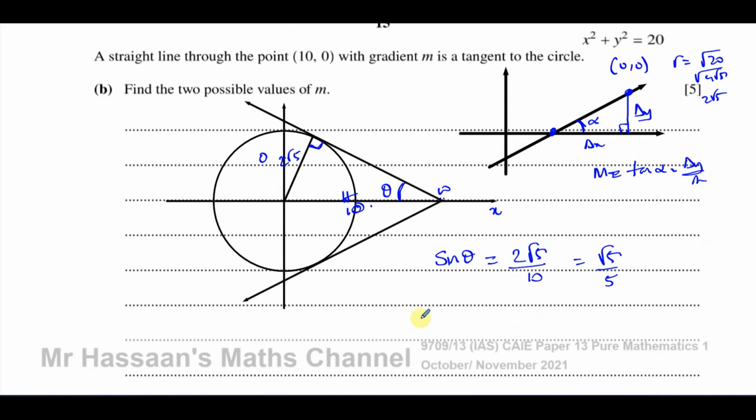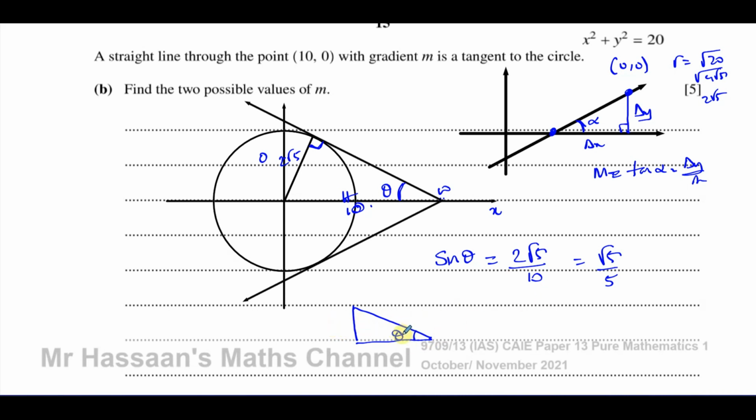Now if I can find the tangent of the angle, what I'm going to do is redraw this triangle as a different triangle. I'm going to look at the triangle like this. So this is theta.